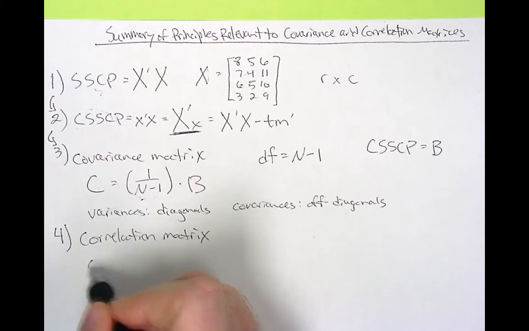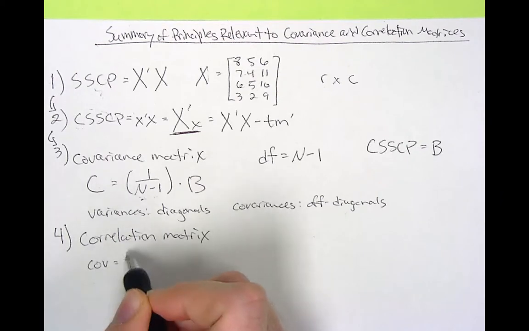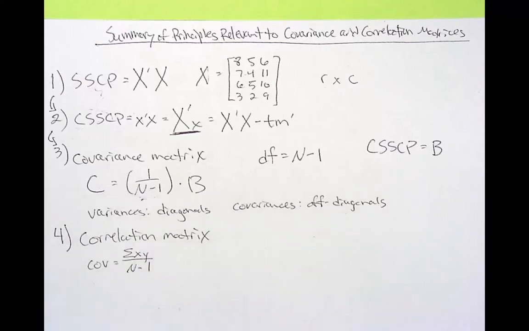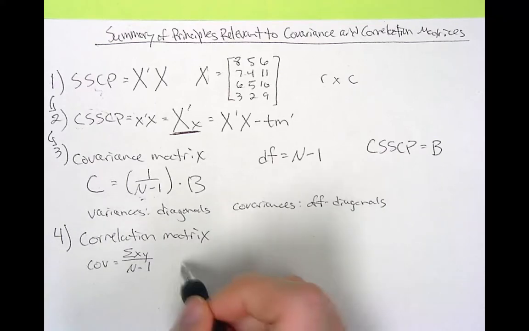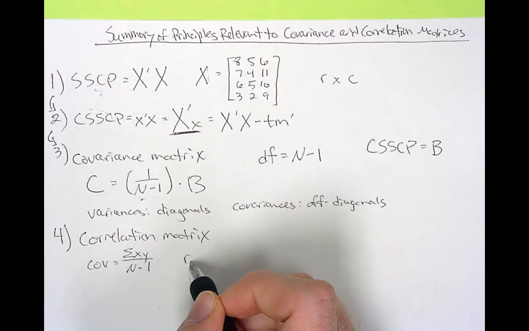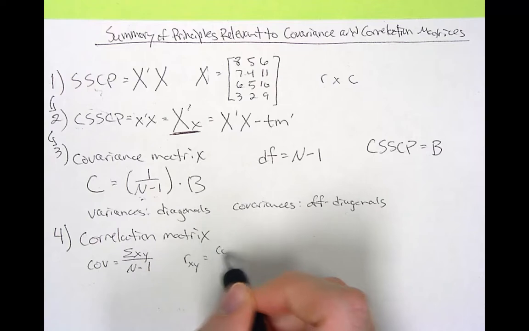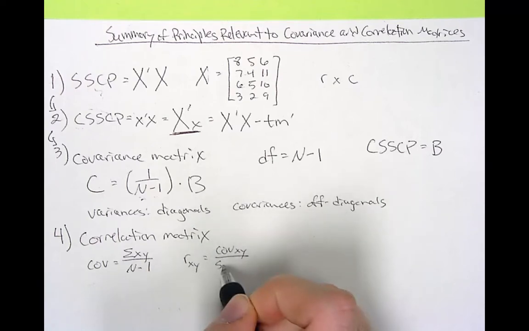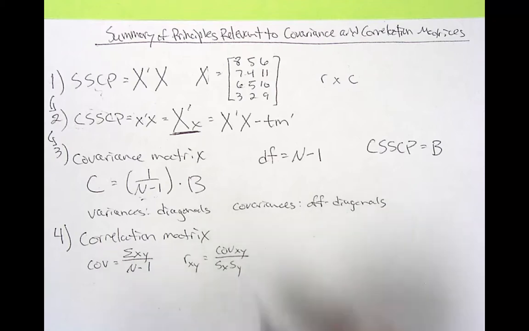Remember that the covariance that we found algebraically to be the sum of xy over n minus 1 degrees of freedom, and that the correlation, which we usually denote with R, is just the covariance standardized. So you divide by the standard deviations of both x and y.